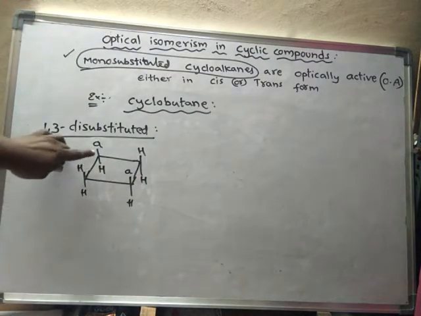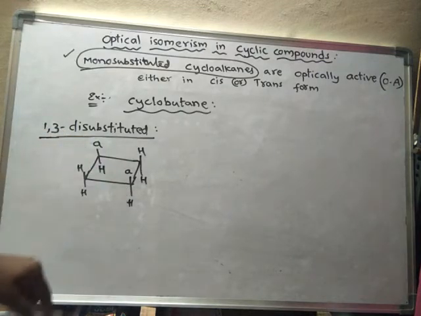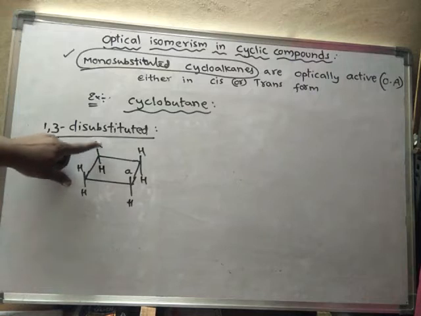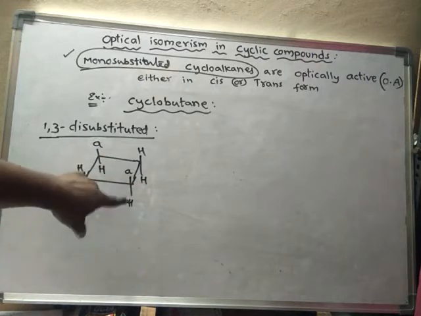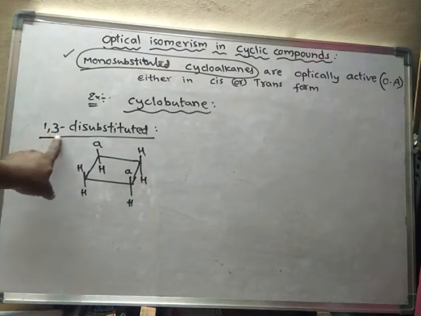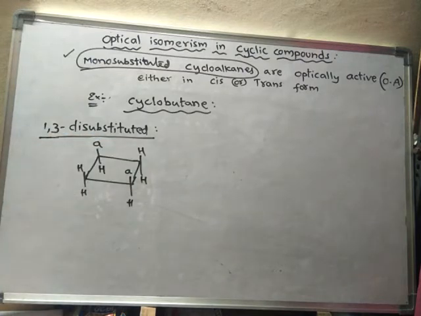Let us assume this as the first carbon, second carbon and third carbon. Here there is a substitution and here also there is a substitution. So there is a substitution at two places, that means on first carbon and third carbon. Hence it is said to be a 1,3 disubstituted compound.